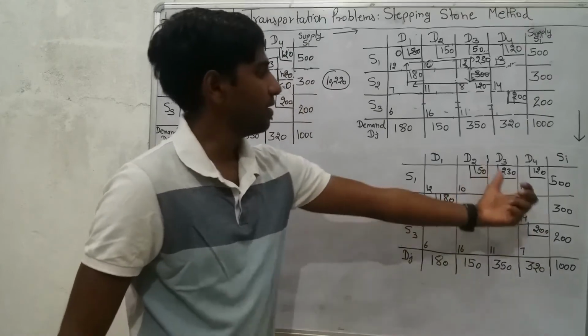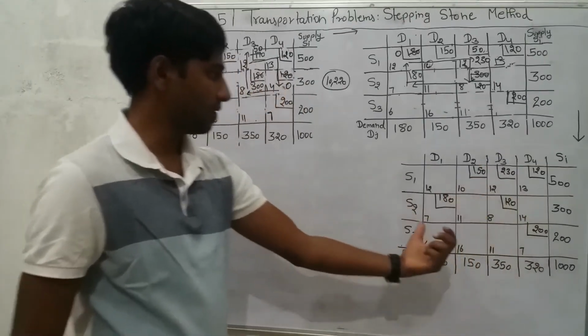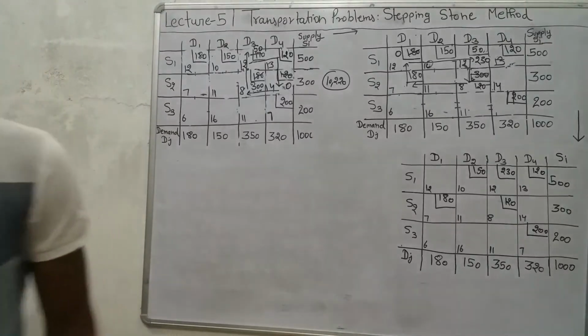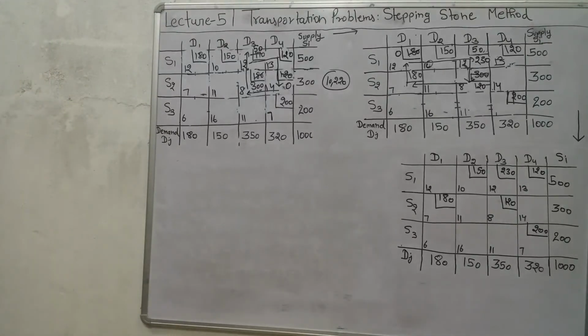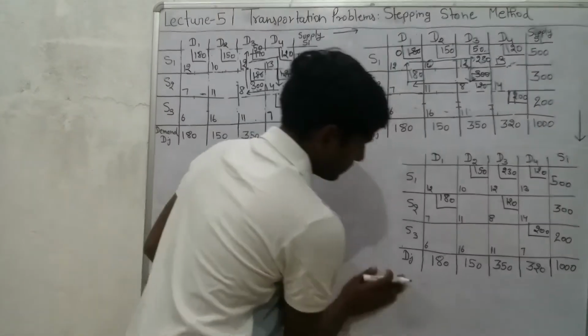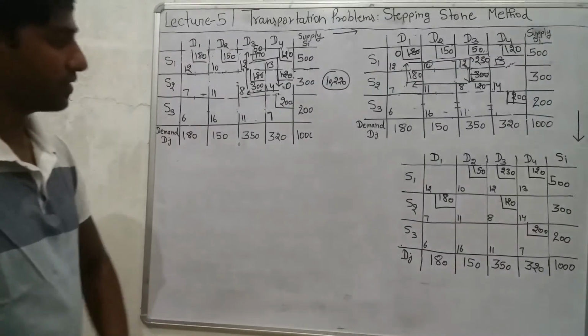There are 6 occupied cells, 1, 2, 3, 4, 5, 6, and the same number of unoccupied cells. So it's going to be the longest lecture of our lecture series.